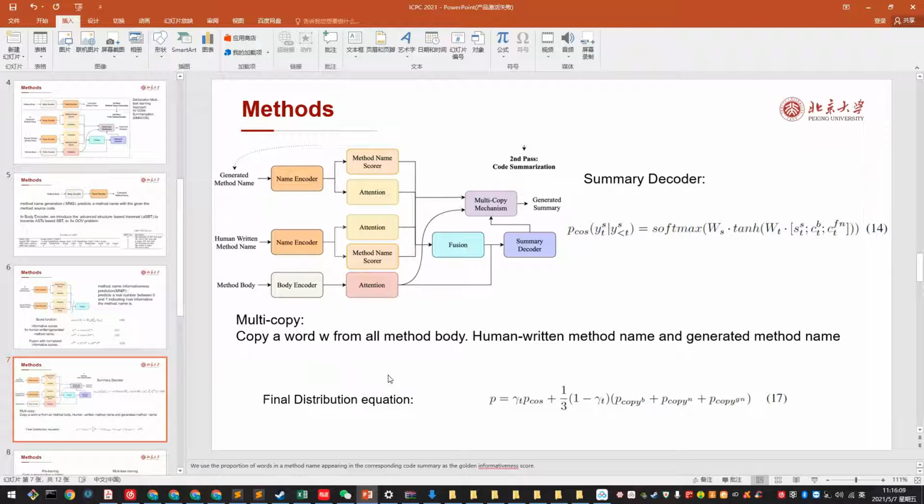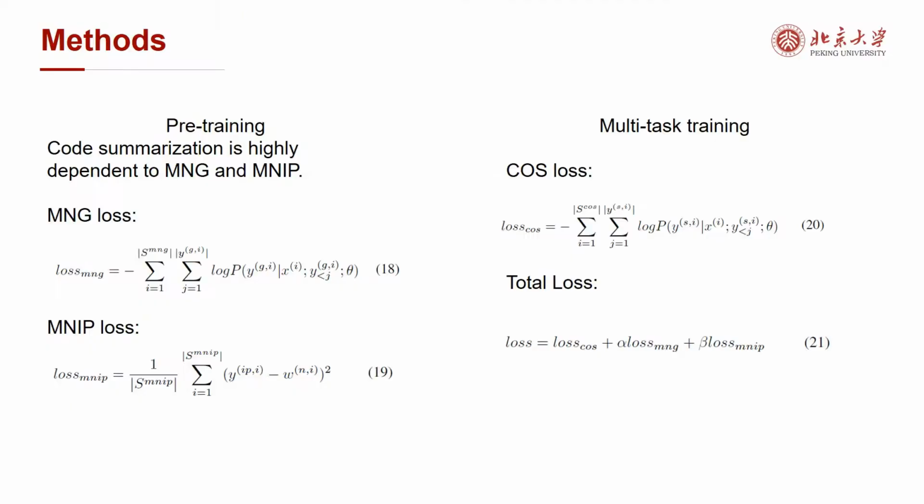Here we import this multi-copy component to copy the word from the method body, the human-written method names, and the generated method names, to let the final code summarization be more consistent with its inputs. And then we design an optimization stage and multitask training to improve the code summarization.